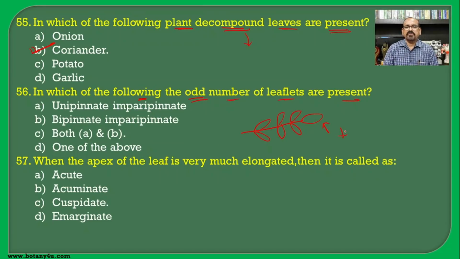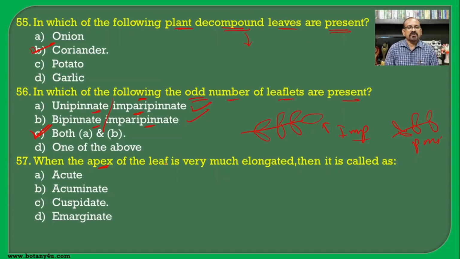So this is known as the imparipinnate, and if there is the presence of an even number of leaflets, then it is known as the paripinnate. So the unipinnate bipinnate is not related with this one. The imparipinnate is the correct answer, and hence both are the answer, that is the unipinnate imparipinnate or bipinnate imparipinnate. Both A and B become the answer for this question.